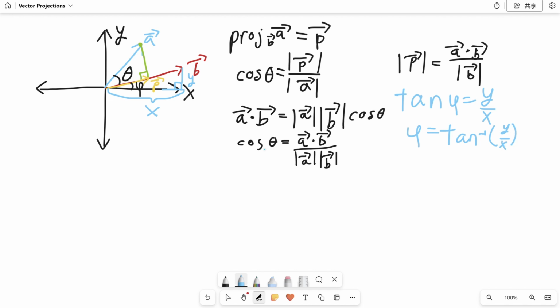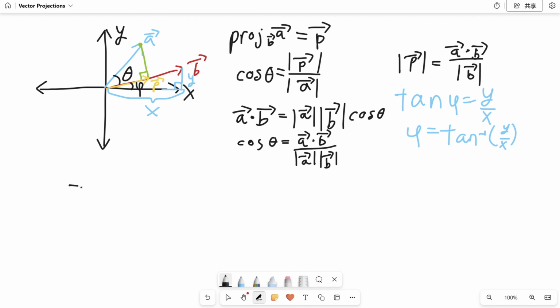This angle phi is the same for vector B and vector P because vector P is literally a part of vector B. So vector P also has this angle phi as its direction. We already know angle phi because we know y and x, and we already know the magnitude of P because we know these values.